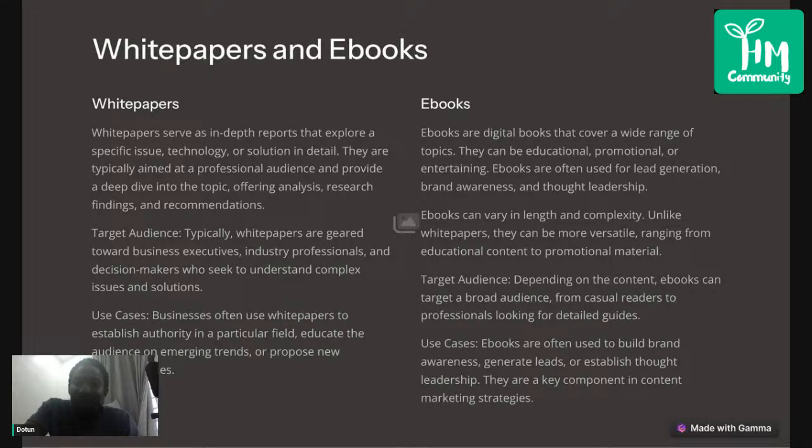So they're basically digital books that cover a wide range of topics. Almost everybody who has a physical book is also trying to get an ebook, so that they can diversify their audience in terms of people who actually want to read. Most people don't have the time to pick up a physical book, so it's easier to get to them via ebooks, right?